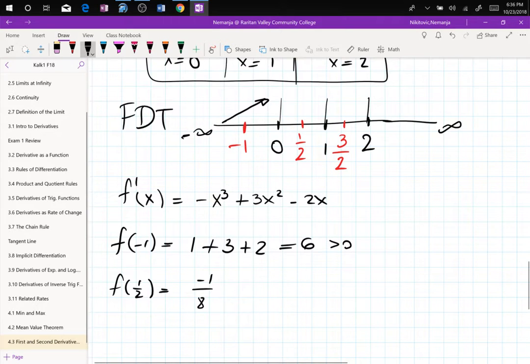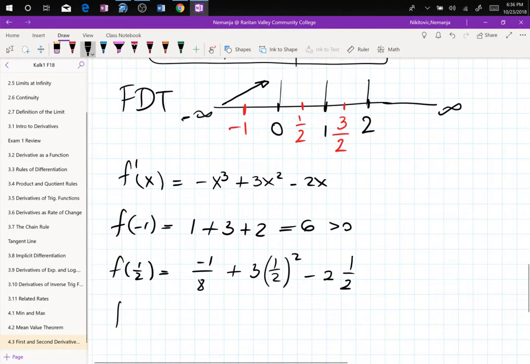Then we have to do plus 3, and now this one is squared, so I have 1/2 squared. Oh, I should include a 3, right? And then minus 2 times 1/2. So f prime of 1/2 is equal to negative 1 over 8 plus 3 over 4.